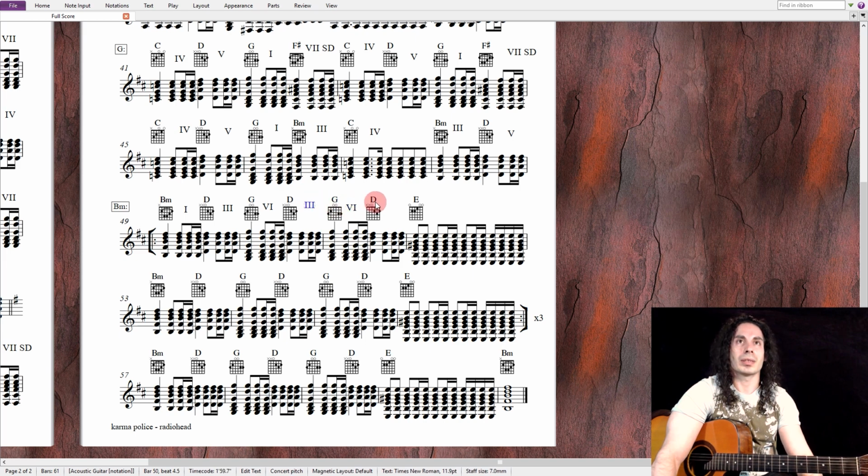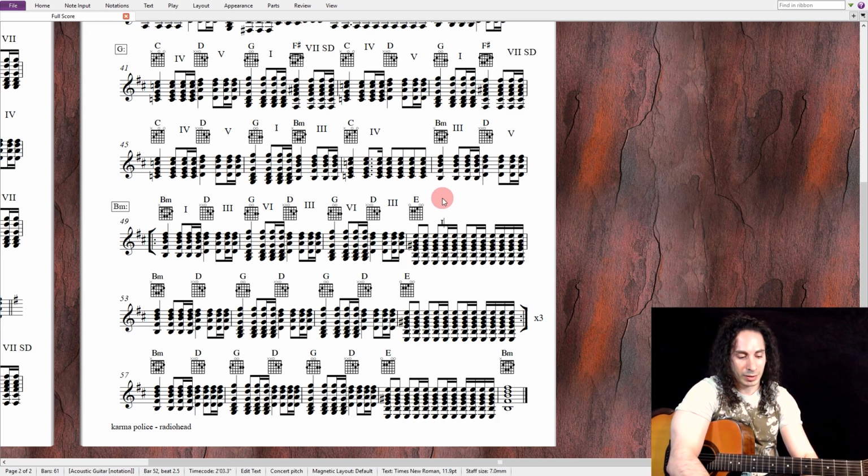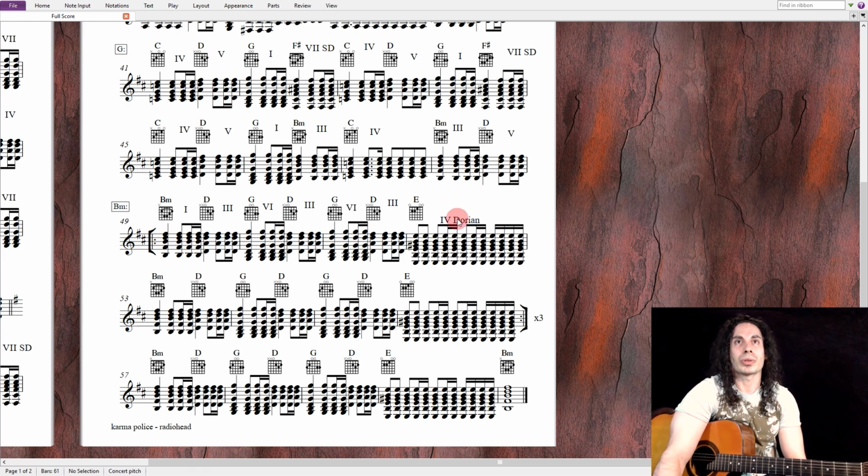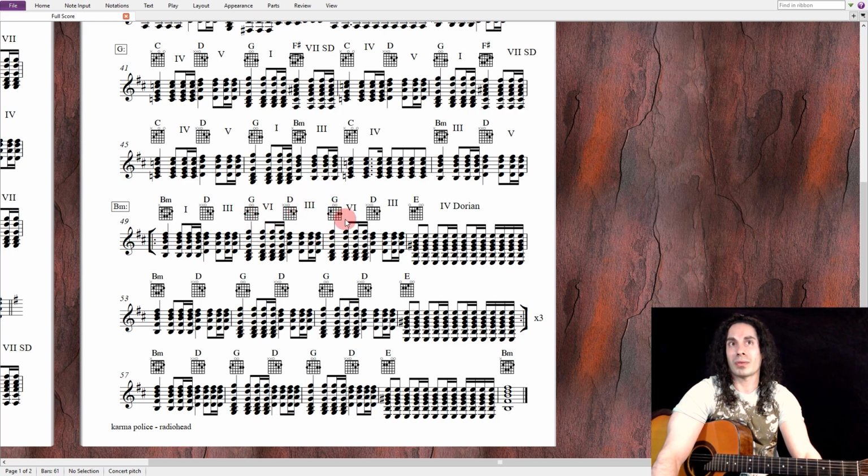D is the third, and now here's the fourth Dorian, okay, or Dorian fourth, whatever you want to call it. So here many people might think we are in D major, this part, because it could be fourth one, but that's not a real cadence, that's a repetition.